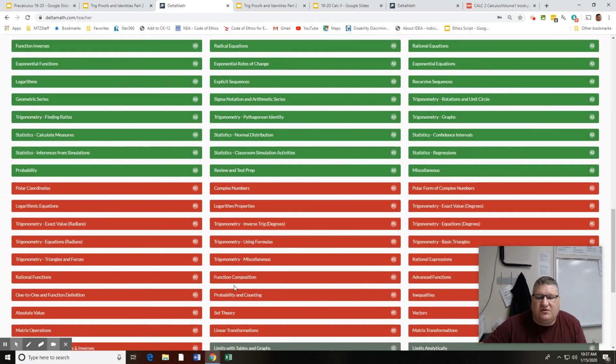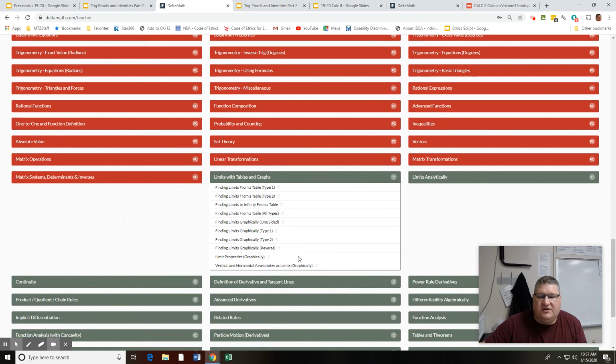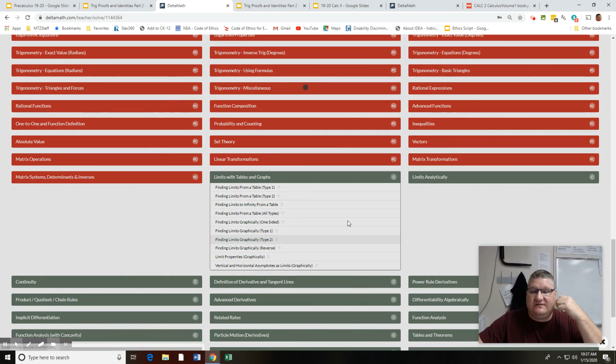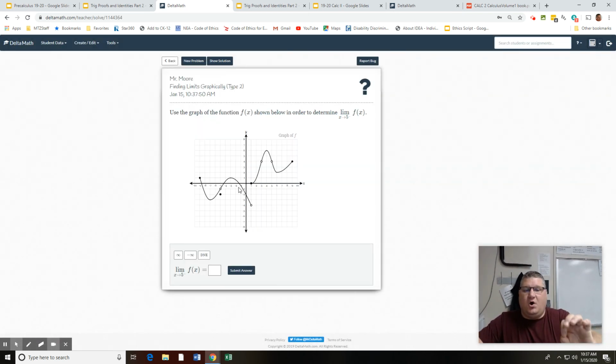And the nice thing is you can really drill down into exactly which skill you want. A lot of times it's very heavy on graphical information, pulling inferences out, or even drawing graphs over top. I like these a lot better than I like the MyMathLab stuff.